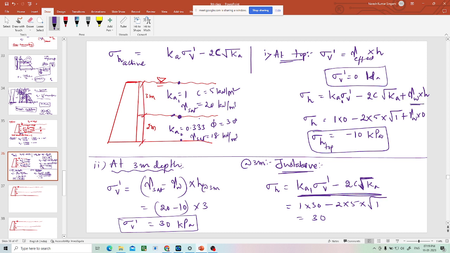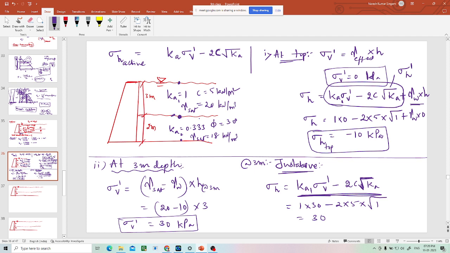Why? In the vertical stresses we were talking about only effective stress. We were always neglecting water pressure. That's why we deduct gamma w from gamma sat. But here, why am I adding it? I told you in the last class. This part contributes effective horizontal earth pressure.